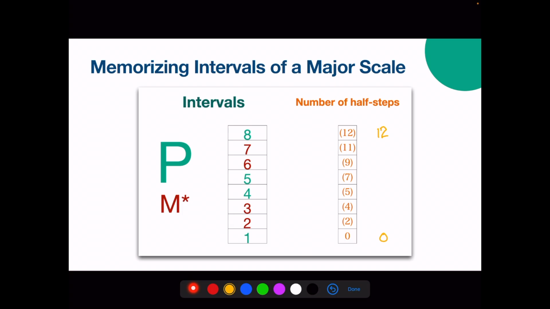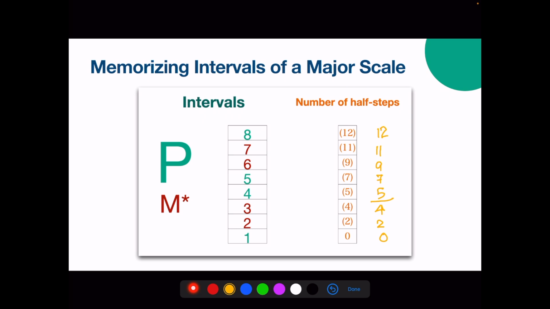And the numbers in between, I just think these are 2, 4, and then there's a break. So if you follow this pattern, you would think it's 2, 4, 6, 8, 10, 12, right? But it doesn't work that way. 0, 2, 4, and then there's a break, and we start from 5, 7, 9, 11. So these are all increasing by 2 half steps, except right after 4.